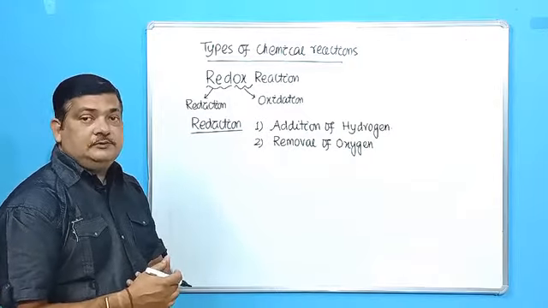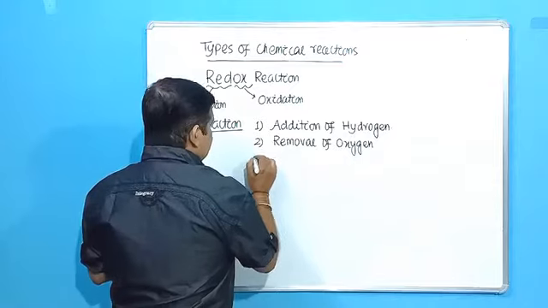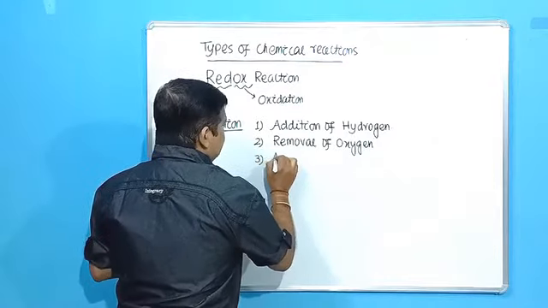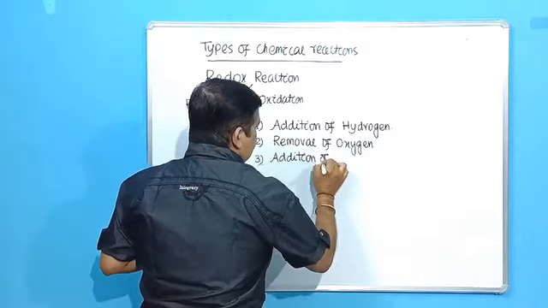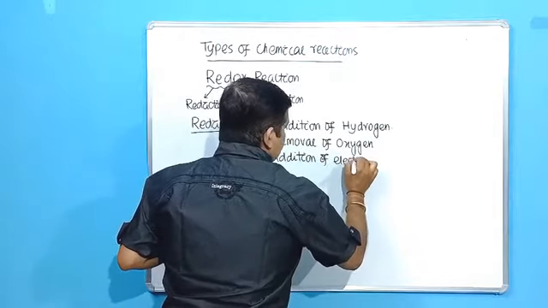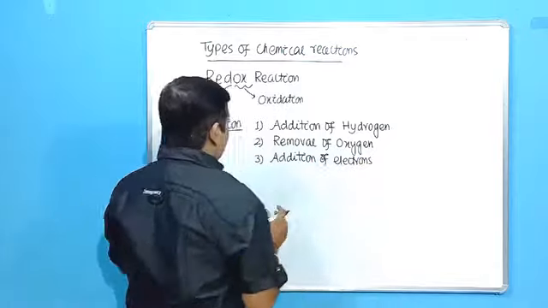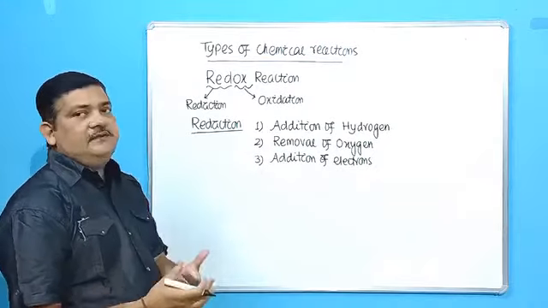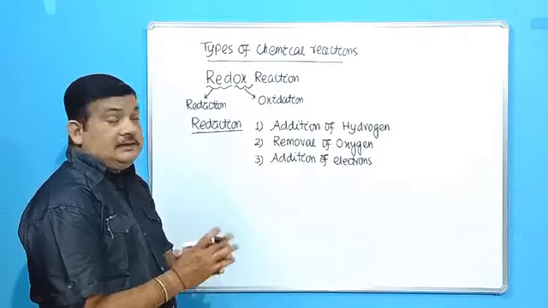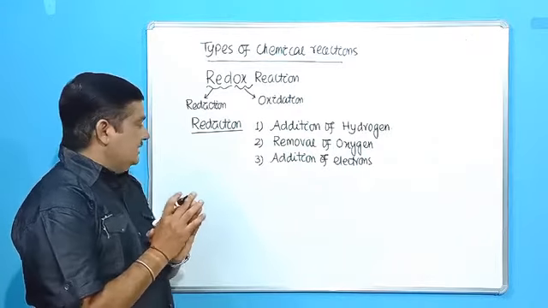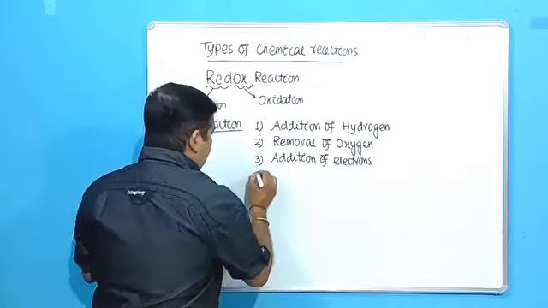But the modern concept is with respect to electrons. So this is the most important one. Addition of electrons. So what is reduction? The addition of electron. When electron is added to a species, then that is called reduction. So addition of electron is called reduction.